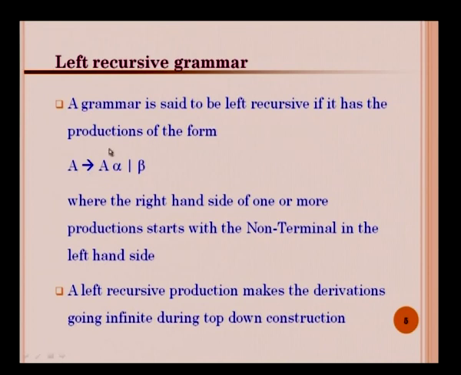That is what this production says, that is, A is expanded to A alpha, and strictly it is required to have another production that is non-left recursive, which is of the form beta, where beta does not start with the variable on the left hand side.